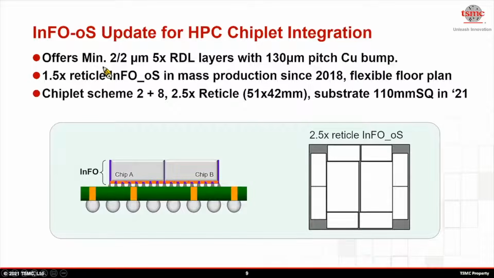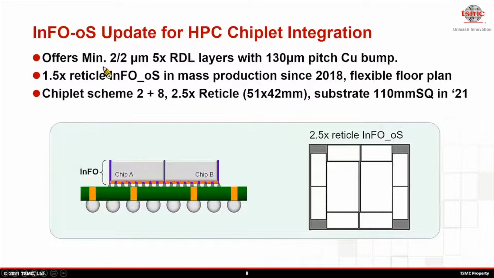InFO-OS update for HPC chiplet integration. Our InFO-OS offers a minimum of 2 by 2 micron pitch and up to 5 layers RDL with a very fine 130 micron pitch copper bump.